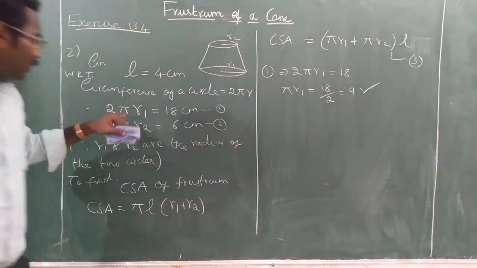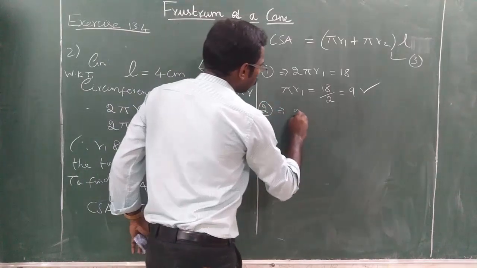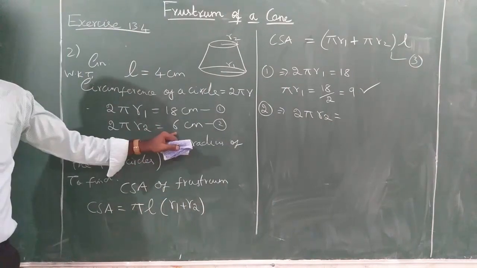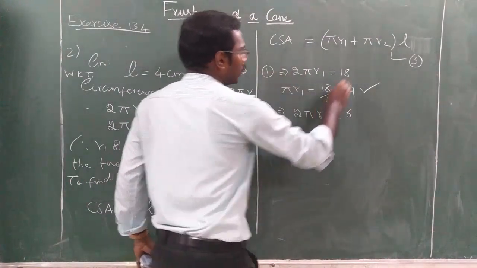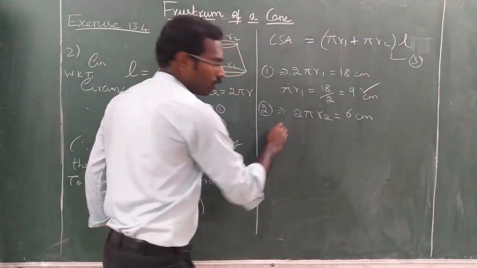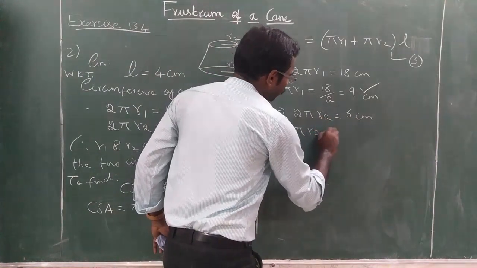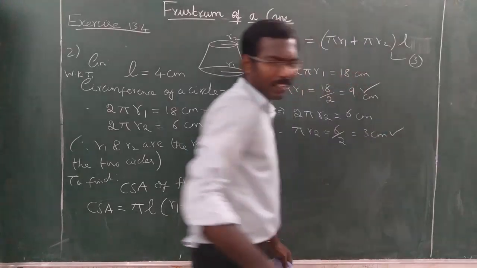Then take equation 2. Equation 2 gives 2 pi R2 is equal to 6 centimeter. Therefore, when 2 goes there, pi R2 is equal to 6 by 2, which is 3 centimeter. Understood?